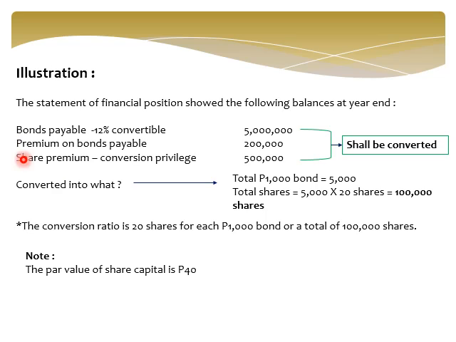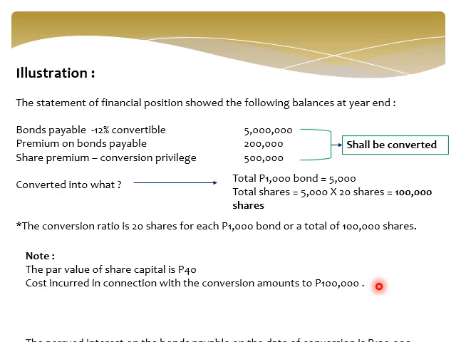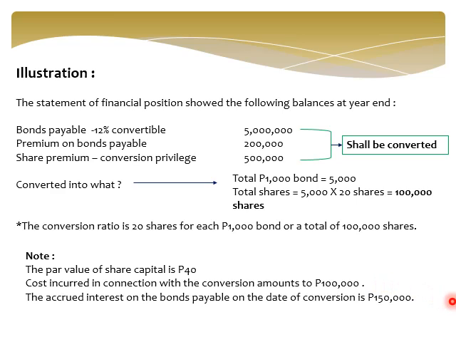Note, the par value of share capital is 40 pesos given on the illustration. The cost incurred in connection with the conversion amounts to 100,000. The accrued interest on the bonds payable on the date of conversion is 150,000.